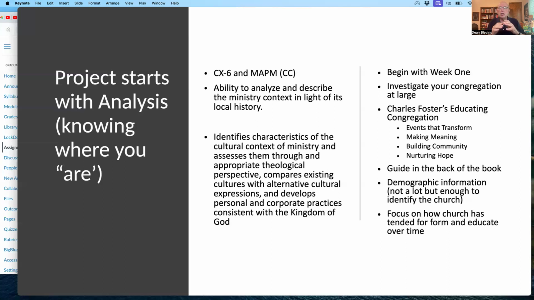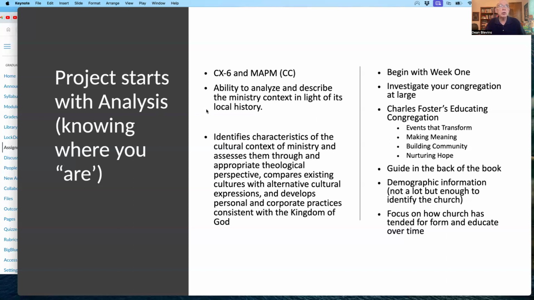Not a full-on congregational analysis, but enough information so that if somebody's reading your paper, they would know enough about the church to go, okay, that's a pretty good sized church, or it's located in a suburban setting, or it's been around 50 years or 2 years. Just those core things to help orient someone. And then I've told you, focus on how the church has tended to form and educate over time. That's what you're trying to capture in the analysis.